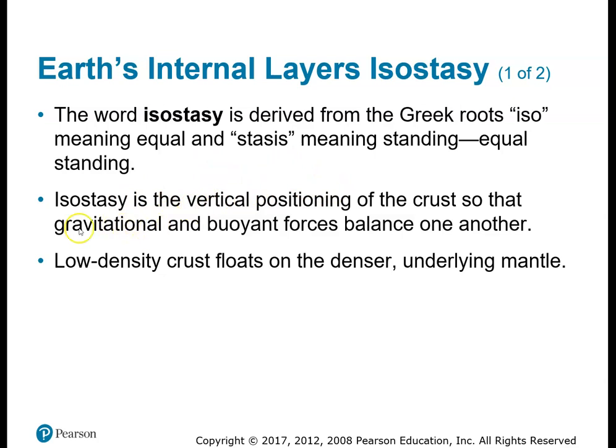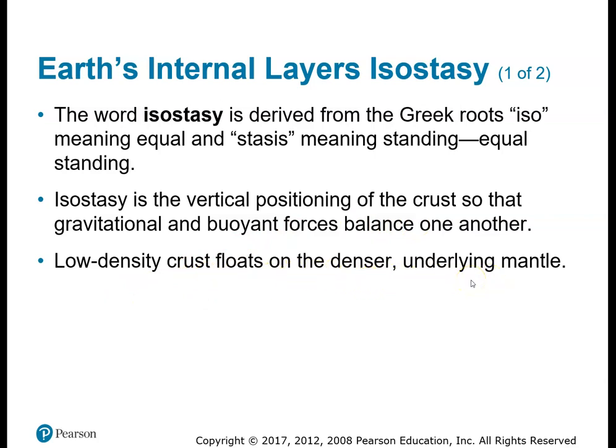So you have the downward force of gravity, but there's also a buoyant force, and the buoyant force comes from whatever's underneath. The more dense mantle is the buoyant force for the continents, and of course for the ocean crust as well. So the low density crust floats on the denser mantle.